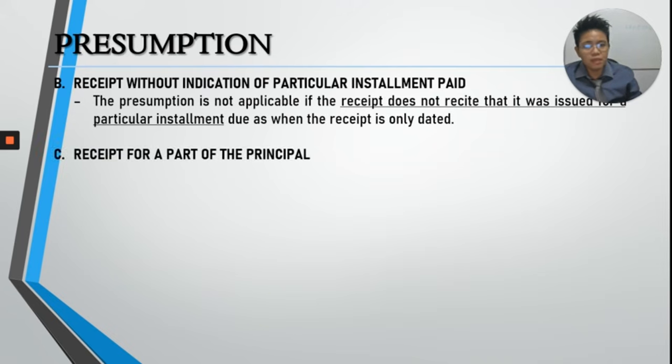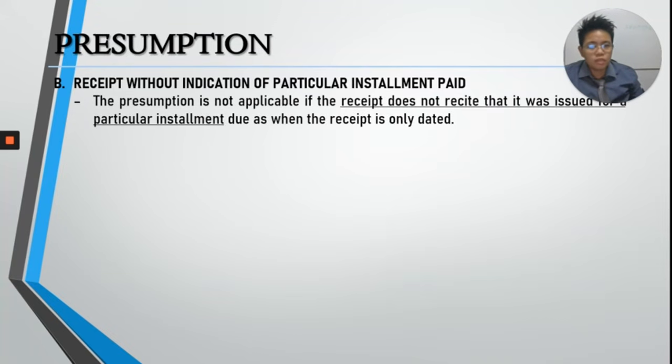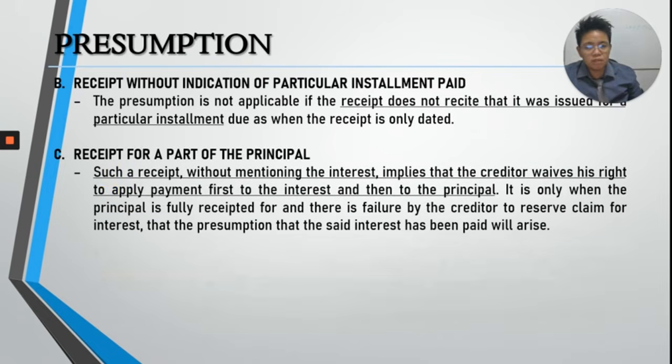Number 3, receipt for part of the principal. So, nag-issue ang creditor ng resibo for a portion of the principal. So here, remember, the creditor waives his right to apply payment first to the interest and then to the principal. So the presumption does not apply na bayad na lahat ng interest.